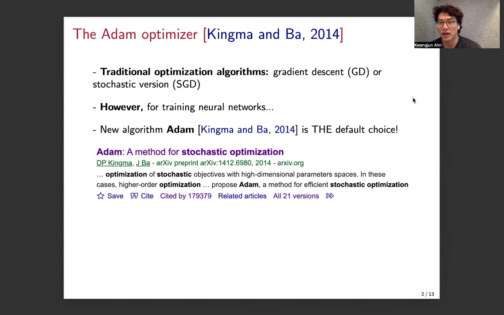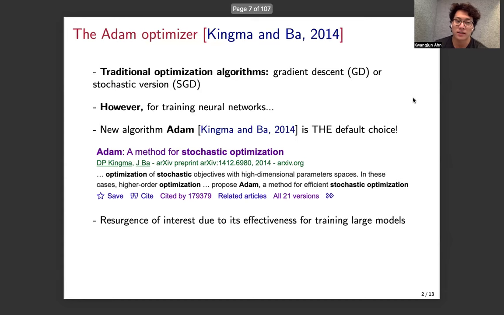In fact, the paper that developed Atom less than 10 years ago has already been cited about 180,000 times. It's extremely popular, and it's getting recent interest due to its effectiveness for training especially large models, like transformer-based language models and so on.